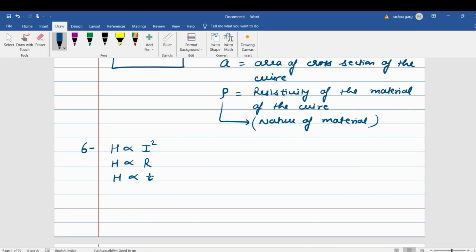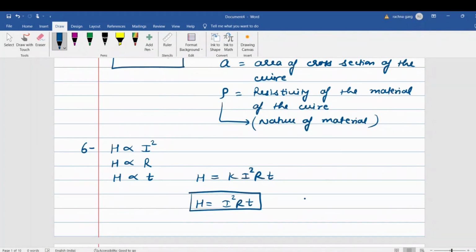Okay, so when you remove the proportionality sign, you will get a constant K I square RT. Constant is chosen having magnitude 1. So you can say H is equal to I square RT.